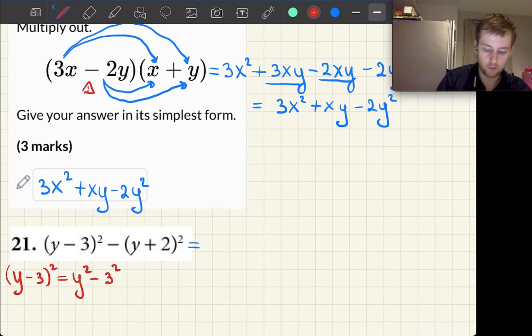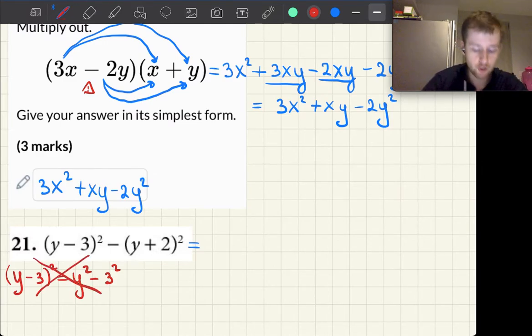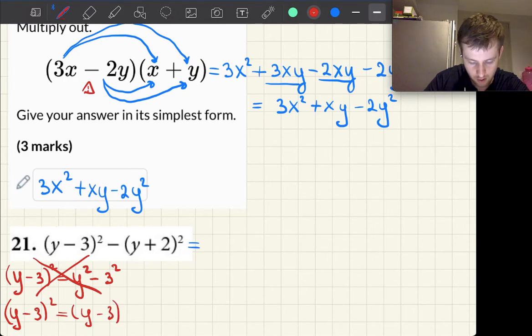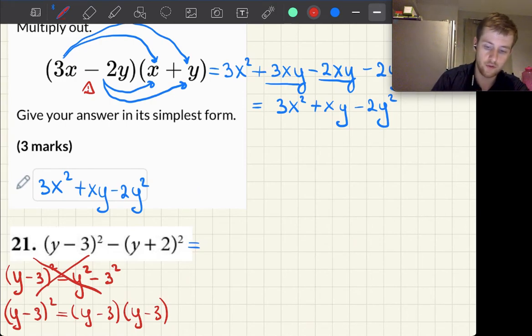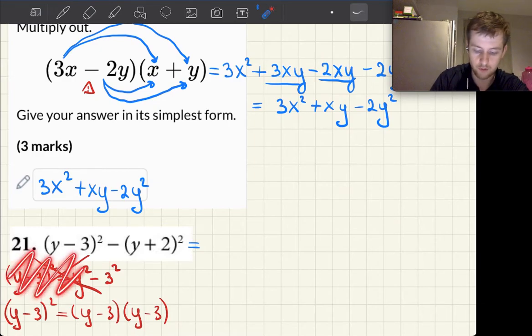This is not how it works, so please don't repeat this mistake. The way it works actually is y minus 3 squared is equal to y minus 3 times y minus 3. So basically expression times itself, right? Not this. So again, don't repeat this mistake, please.